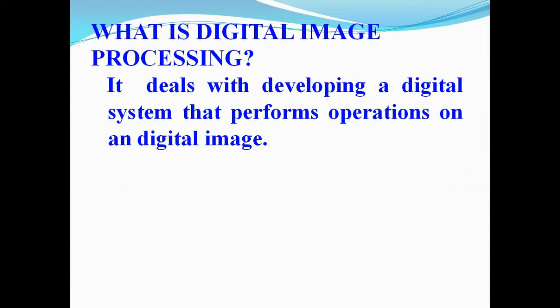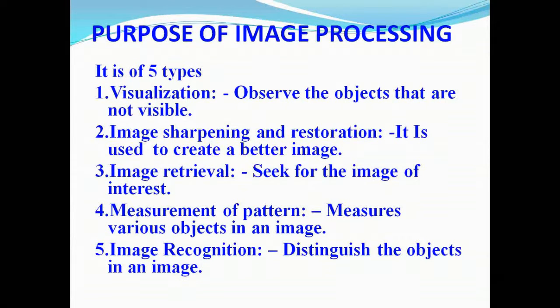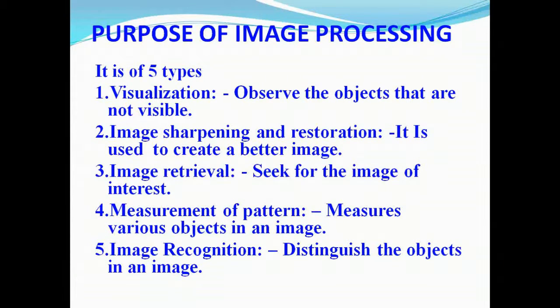As I explained, image processing has two types, analog and digital. Digital image processing deals with developing a digital system that performs operations on a digital image.